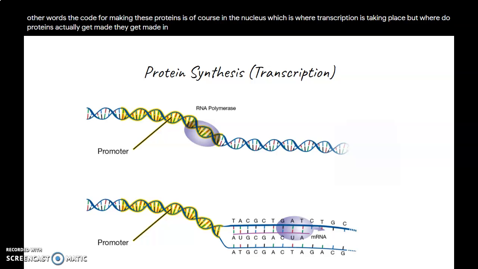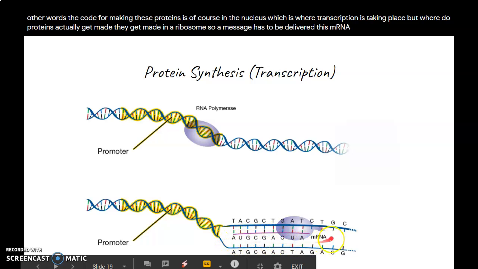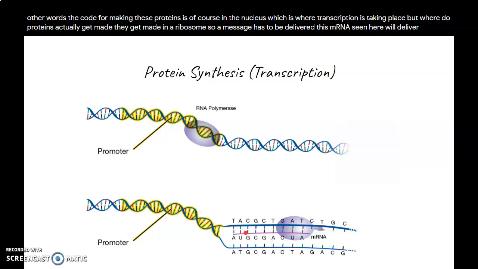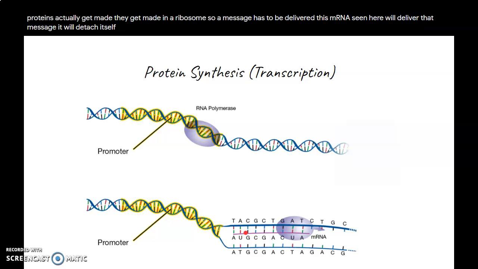They get made in a ribosome. So a message has to be delivered. This mRNA, seen here, will deliver that message. It will detach itself from the DNA. It will leave the nucleus via those nuclear pores that you learned about. And it will go to a ribosome so that the second half of protein synthesis can take place.